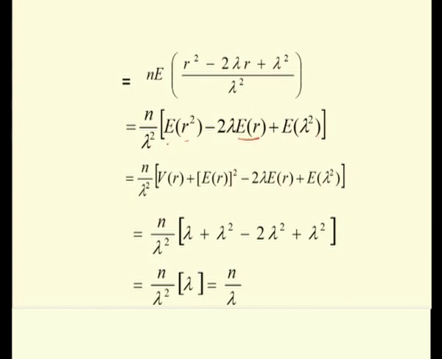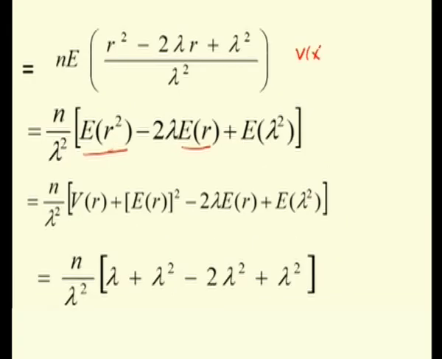Now, expectation of R squared: you know that variance of x is expectation of x squared minus E of x the whole squared. So, replacing x by R, you will have variance of R plus expectation of R the whole squared.